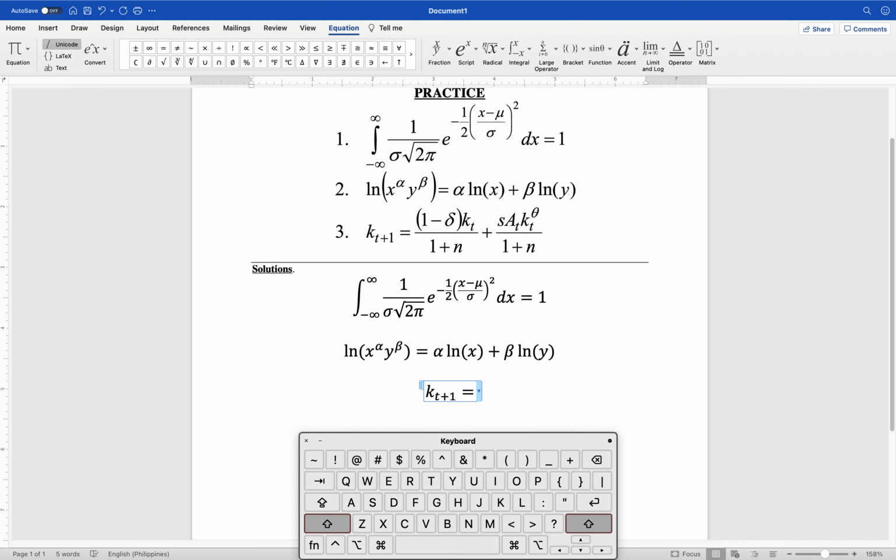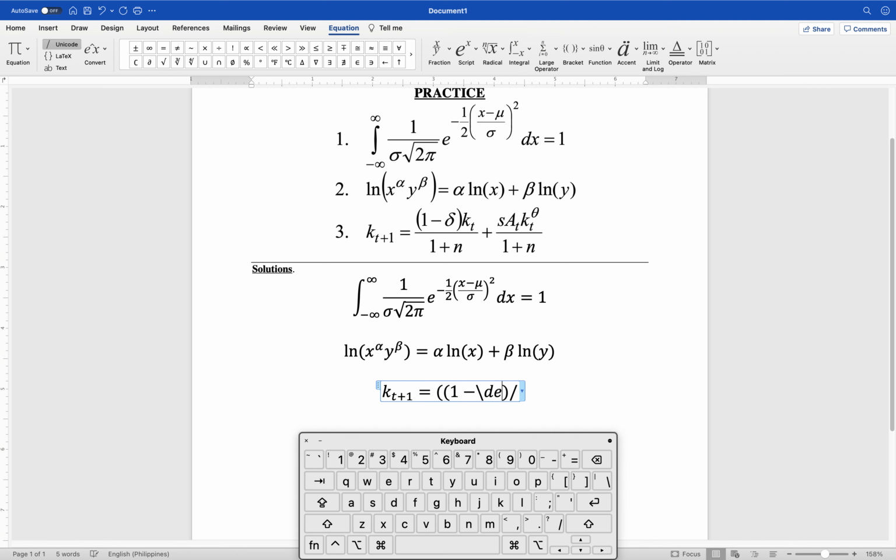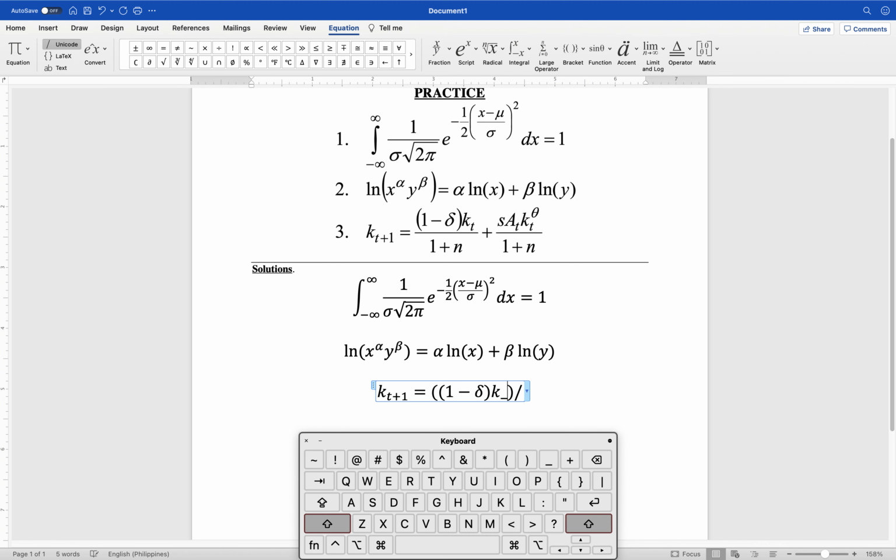We need a parenthesis to indicate that this is a numerator, and then a denominator after that. 1, and then we have a parenthesis even more inside the numerator. So what we have is 1 minus delta, backslash delta. That's the Greek letter delta, by the way. Close parenthesis, so that's going to give us delta times k sub t. Okay, so that's our numerator.